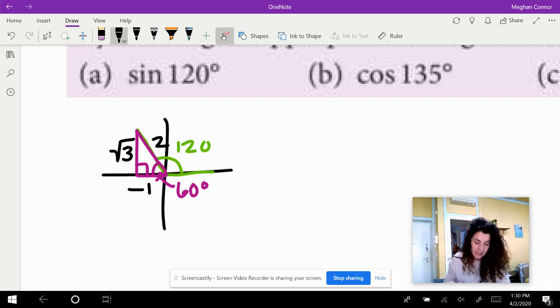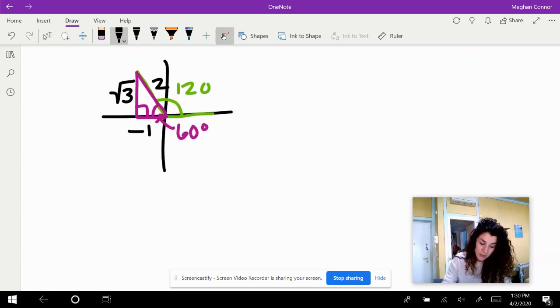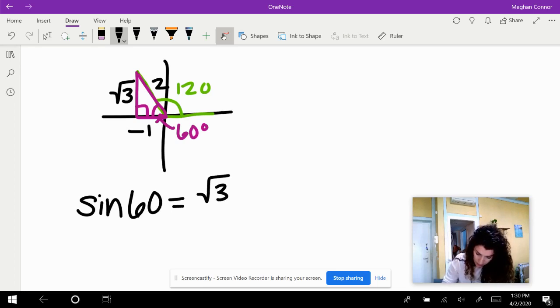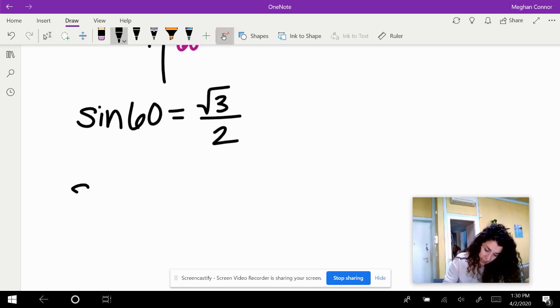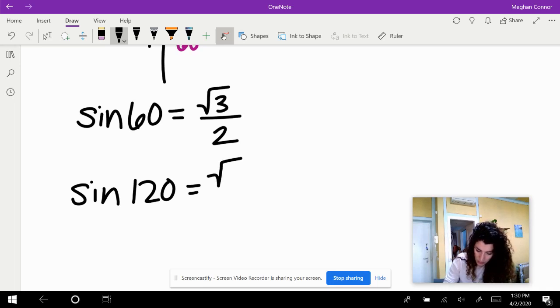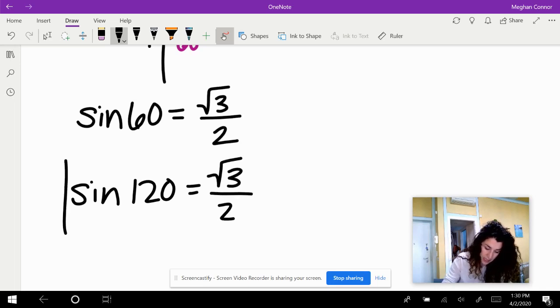This 1 is in fact a -1, but it doesn't matter because sine of 120 is going to be sine of 60, which is square root of 3 over 2. Which then means that sine of 120 equals square root of 3 over 2.